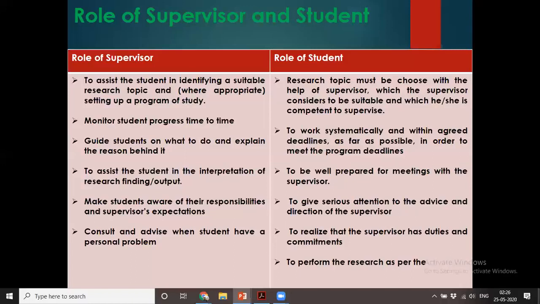So in PhD work, the research scholar gives a progress seminar every 6 months. Generally it happens. So the supervisor has to guide his research scholar for this progress from time to time.